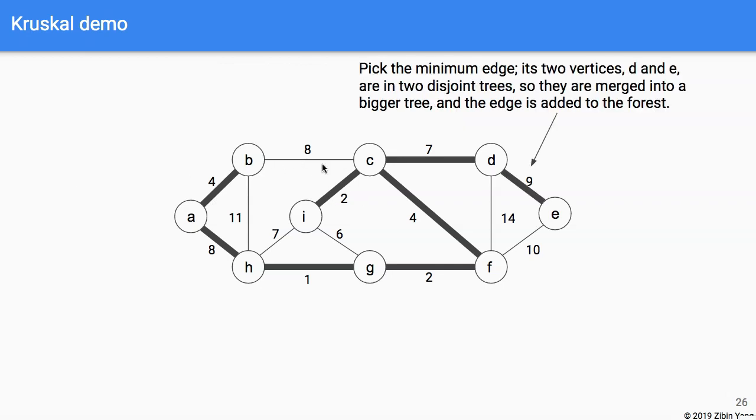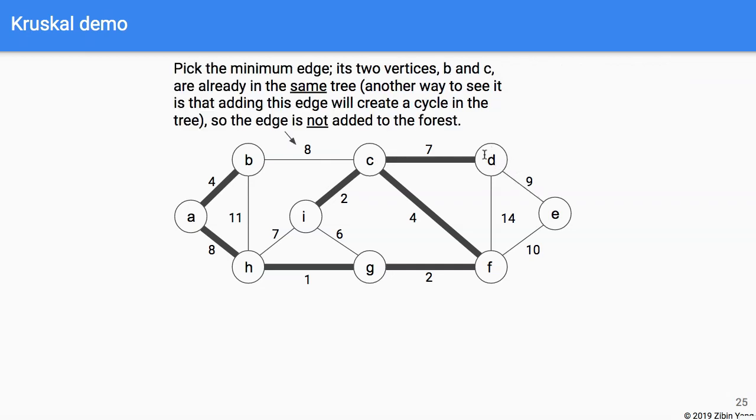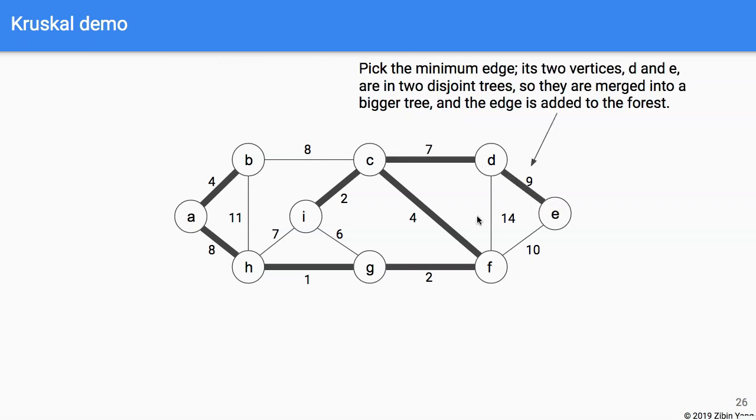We move on. The next edge is an edge with weight of 9, and this edge connects this tree with E, and so these are two distinct trees, so we use that edge and add it to the forest.